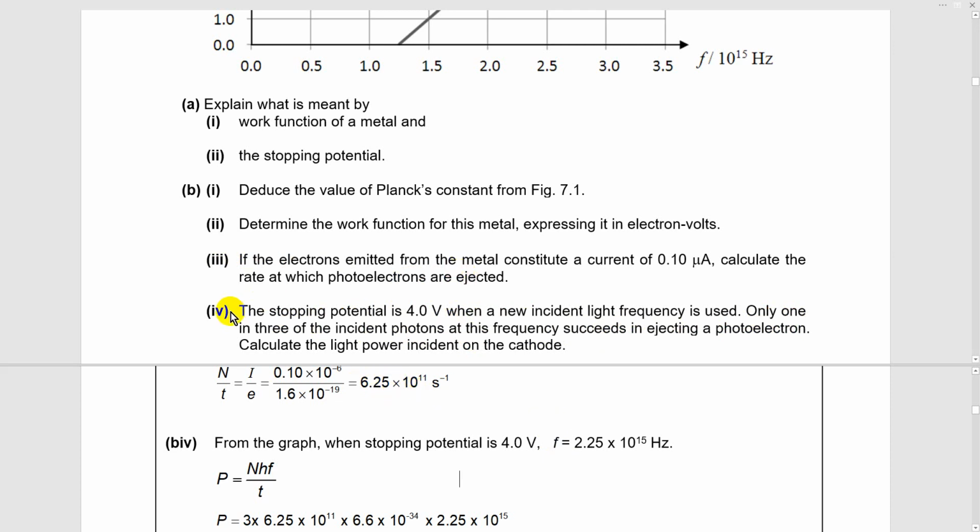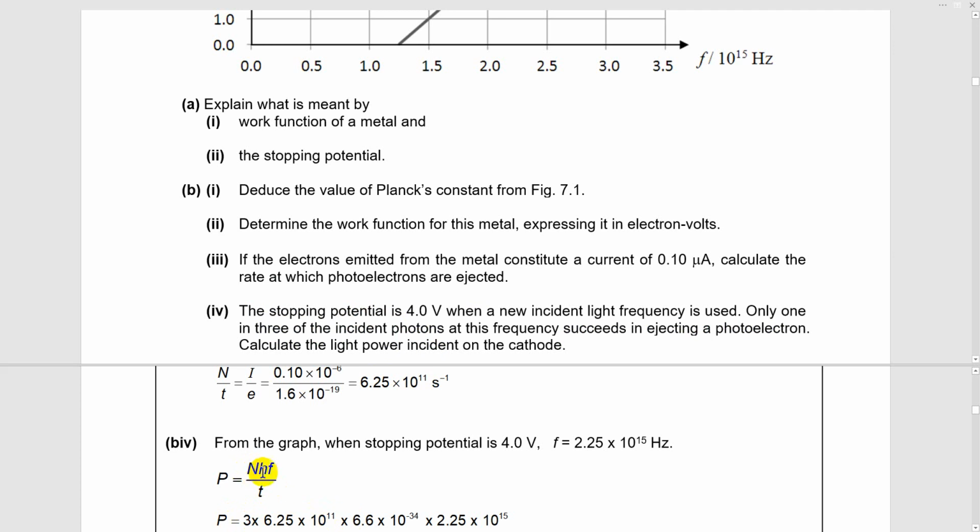And in part 4, they are telling us that for every electron, there are correspondingly 3 photons. 3 photons for ejecting 1 electron. So since there are so many electrons, the number of photons will simply be times 3. So here n refers to the number of photons. Number of photons is 3 times 6.25 times 10 to the power 11. This is the number of photons.